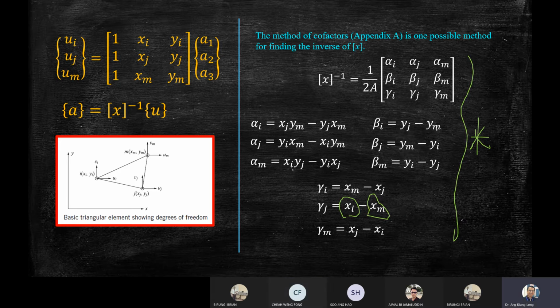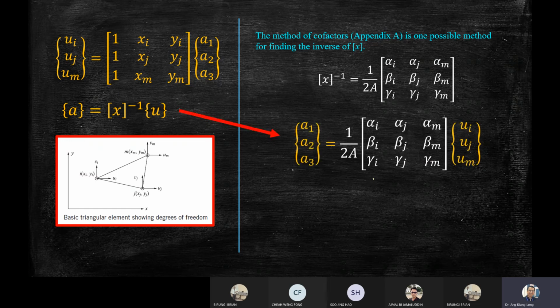Clear? Okay. Remember, this is a very important slide, because later we will not go back to explain what alpha i is anymore. In further slides you will see symbols alpha i, beta j, gamma m, and so on. So remember there is a slide that teaches you how to calculate the value of all these 9 numbers.